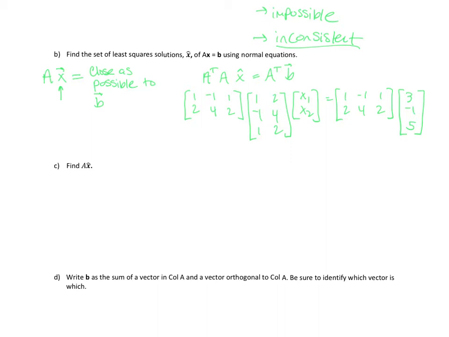A transpose times A: let's make sure I can multiply them. This is a 2 by 3 and a 3 by 2, so I can multiply them because the 3's match up, and the result is going to be a 2 by 2. First row times the first column, I get 1 plus 1 plus 1, which is 3.